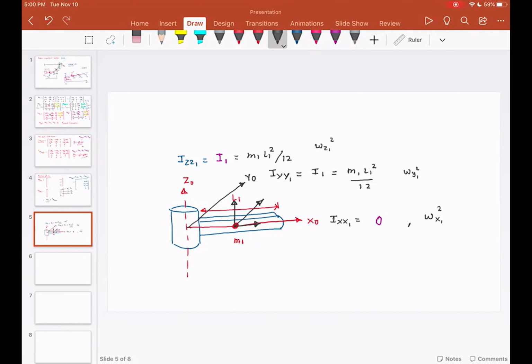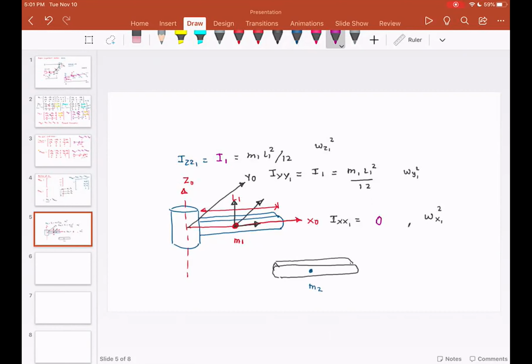Now what I'm going to do is add the second link, but just for the sake of simplicity, I'm going to show the second link attached to this link. So this is my second link. Again, I am going to consider my mass M2 over here.